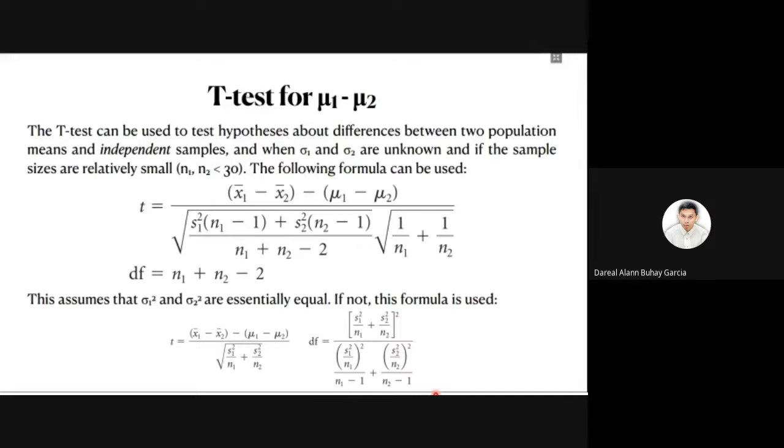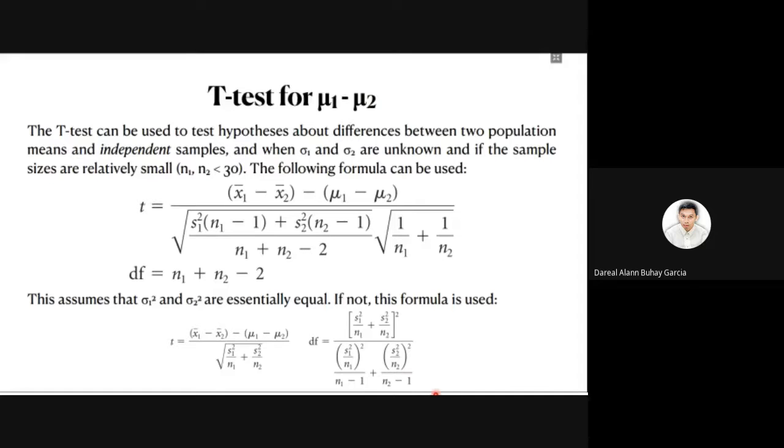Because this formula requires a more complex degrees of freedom component, it may be unattractive to some users. Many statistical computer software packages offer the user a choice of the pooled formula or the unpooled formula. The pooled formula in the computer packages is the first formula, in which equal population variances are assumed.